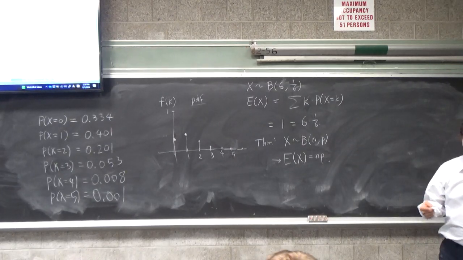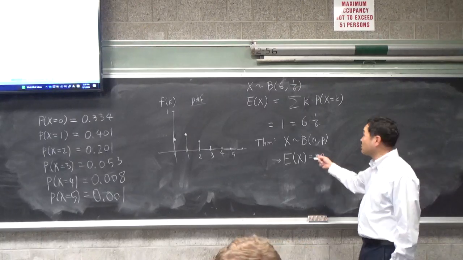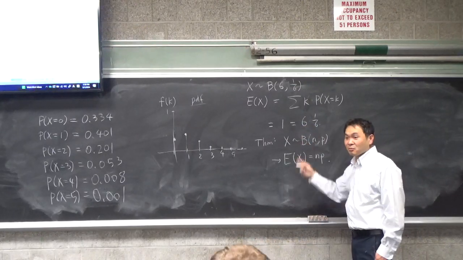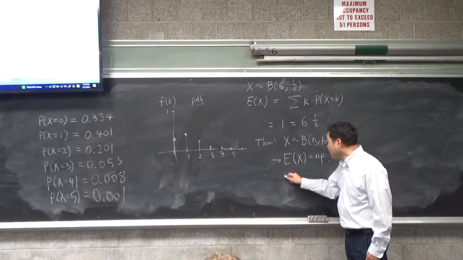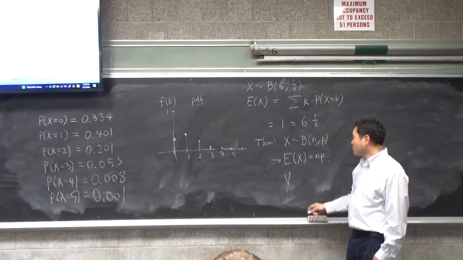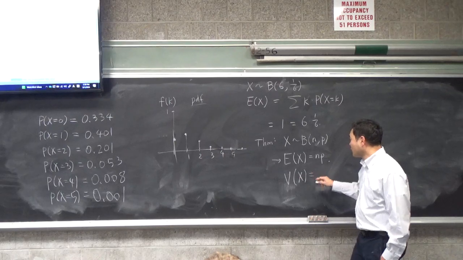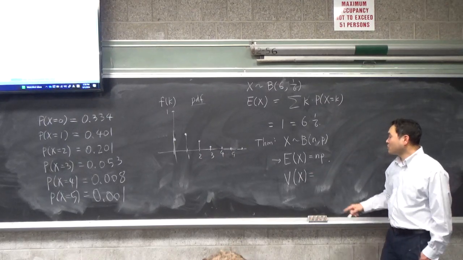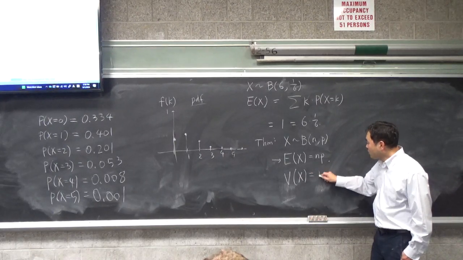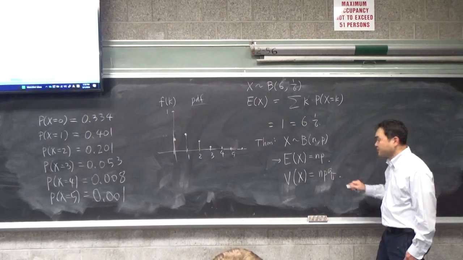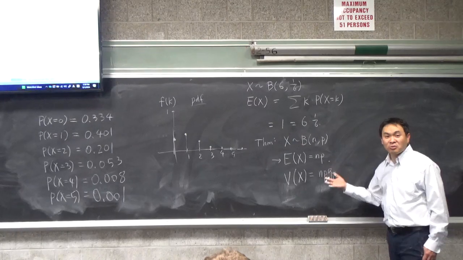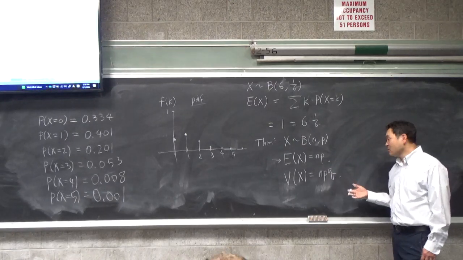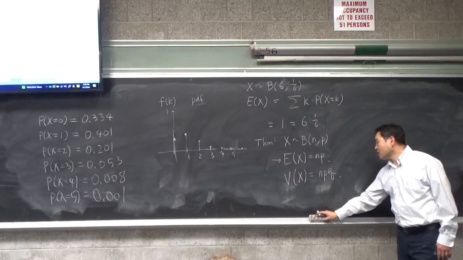The average outcome that you will see will be n times p, just because of what we just observed. In addition, there's something called the variance, which I haven't defined yet, but we'll talk about this more. It will be calculated as np(1-p), and that will be another calculation using calculus to prove. It's not that hard.